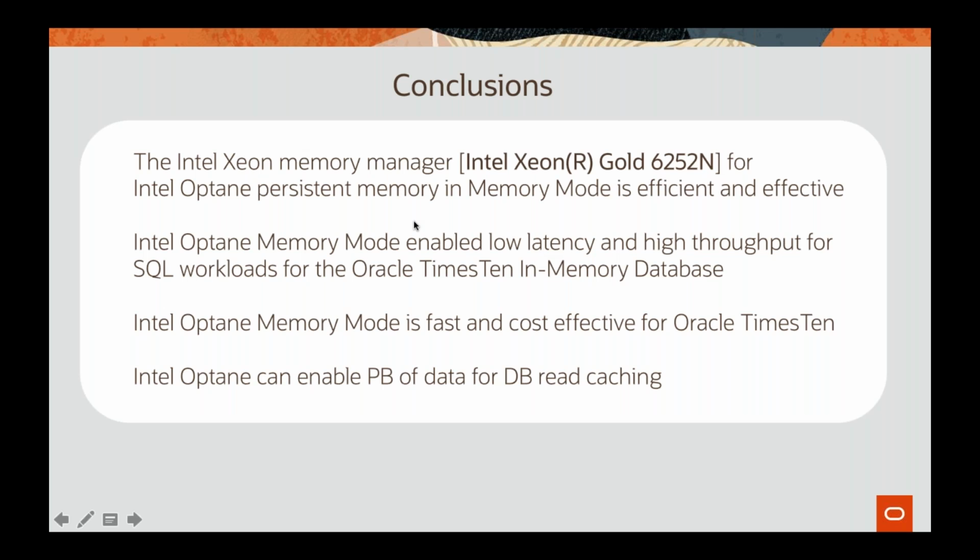So whether you use TimesTen as a system of record or TimesTen as a cache for your relational database, it will dramatically speed things up because you get lower latency and higher throughput. So I found Intel Optane using memory mode to be very fast and cost effective. And as a net result, you can get up to petabytes of data for read caching.